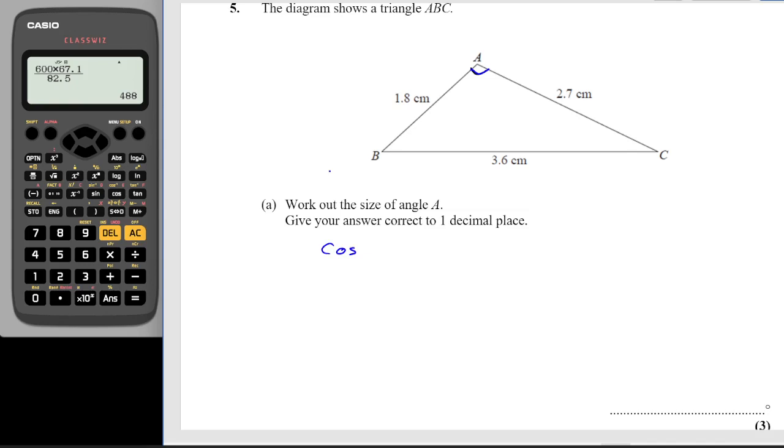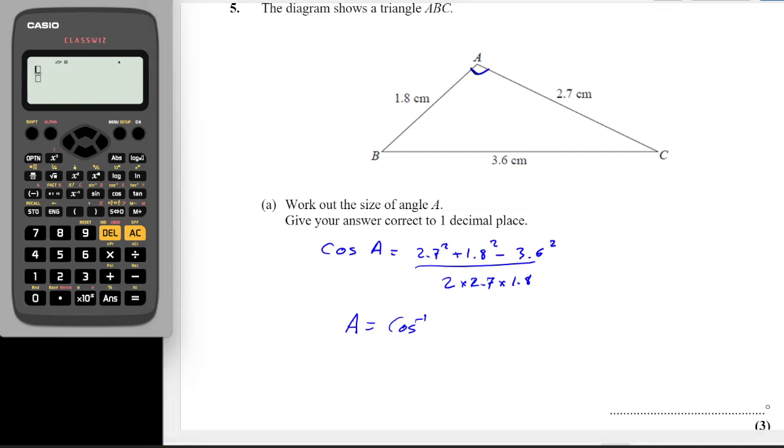So cos of A is going to be equal to 2.7 squared plus 1.8 squared minus 3.6 squared, divided by 2 lots of 2.7, well, that doesn't particularly matter, times 1.8. So I'm going to go straight for the inverse, so cos to the minus 1 of that value.